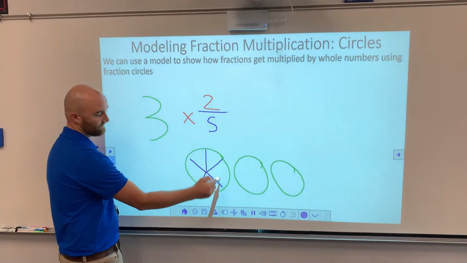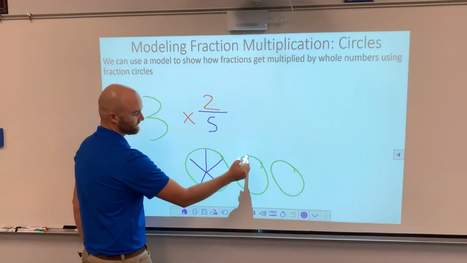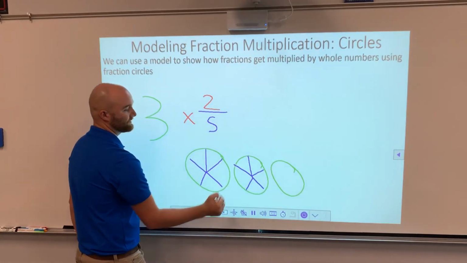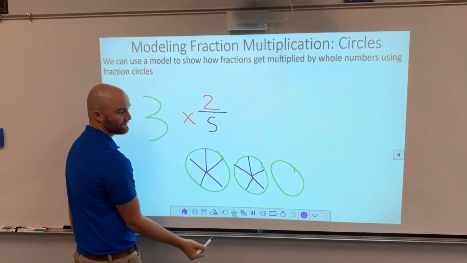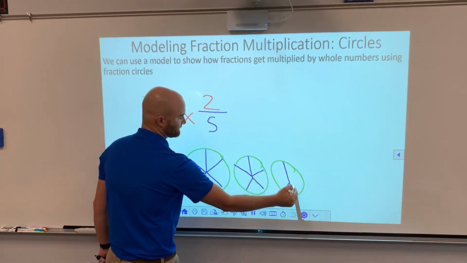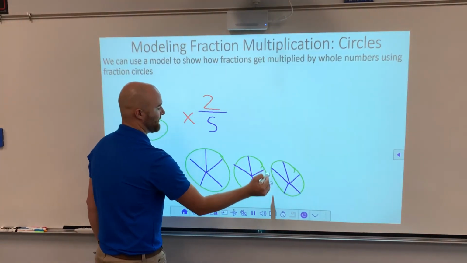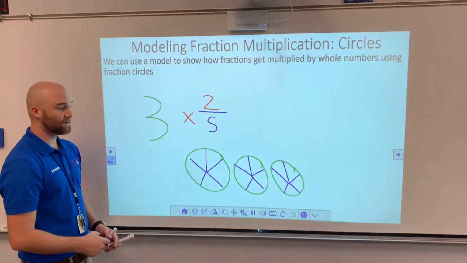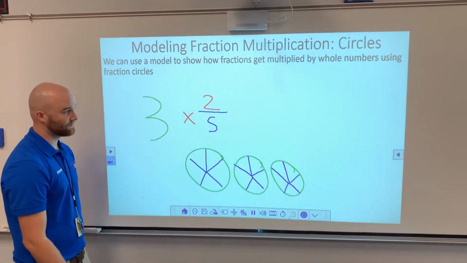There's 5 parts in here, 5 parts in here, and 5 parts in here. That's my denominator, which told me to split them up into 5 equal-sized parts.